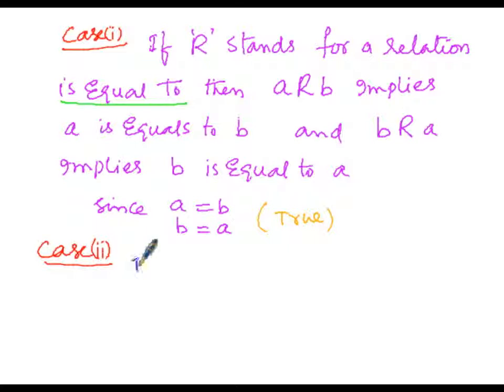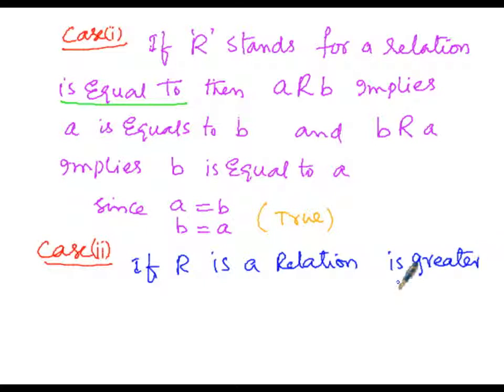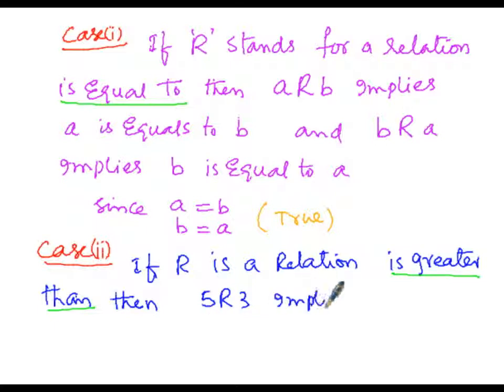So if R is a relation, is greater than, then 5 R 3 implies 5, instead of R I write is greater than, 3.